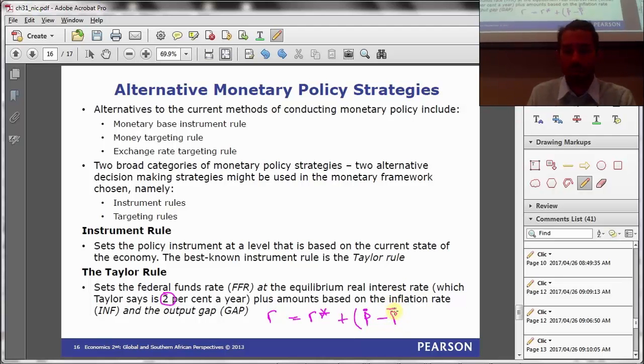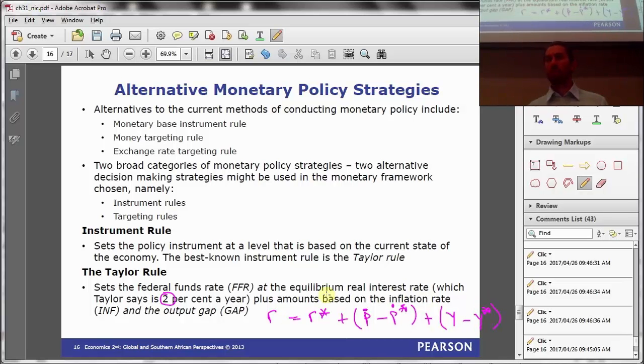Oh, sorry, let me do that differently. What your target inflation is and what is your actual output. What is your actual level of output minus your full employment level of output.